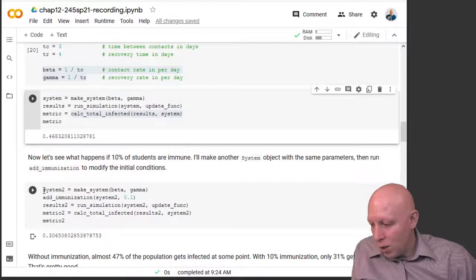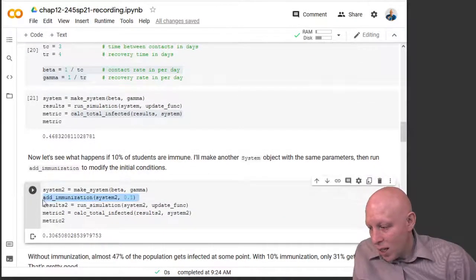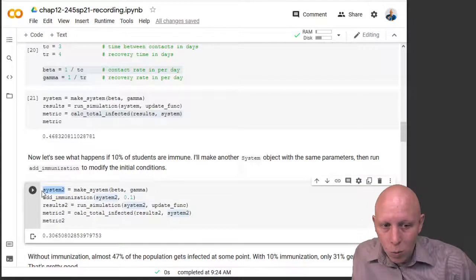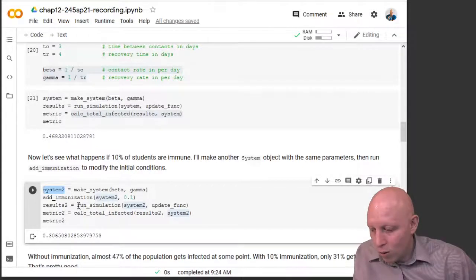So now we're going to add in the immunization. I'm creating a second system object, calling it system2, and adding in the immunization. And we're running the same simulation, calculating the same thing, but now everything's with system2, results2, metric2.